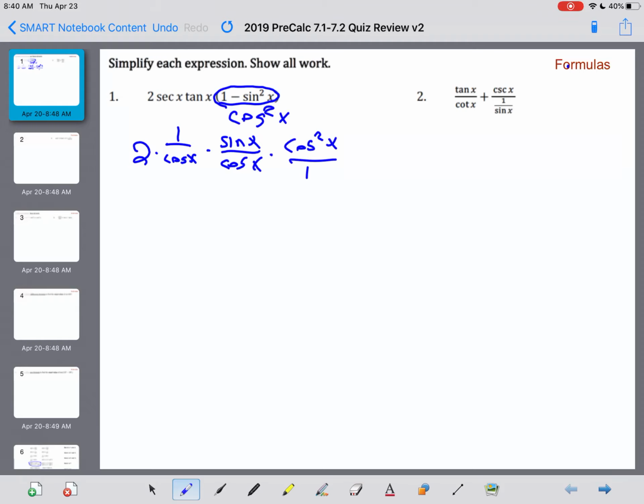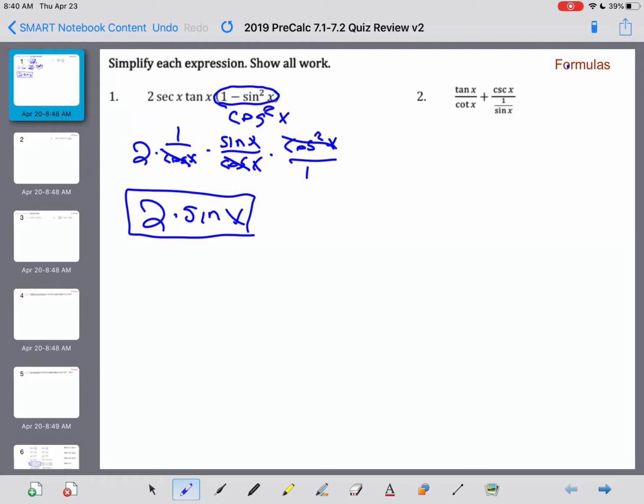So now these two cosines in the bottom give me a cosine squared, and that will reduce that to 1. So now I have 2 times 1 times sine of x times 1, and that's just going to give me 2 times the sine of x, and that one is done. So again, using that Pythagorean identity was a key move there.